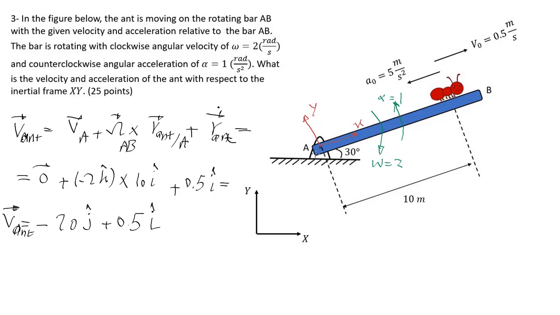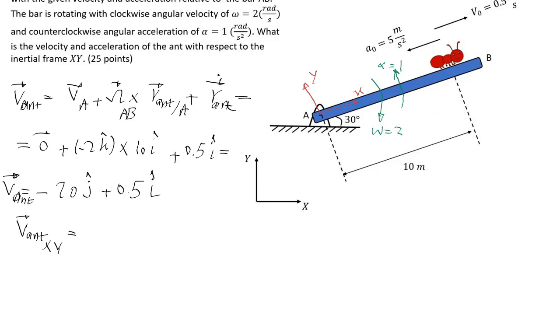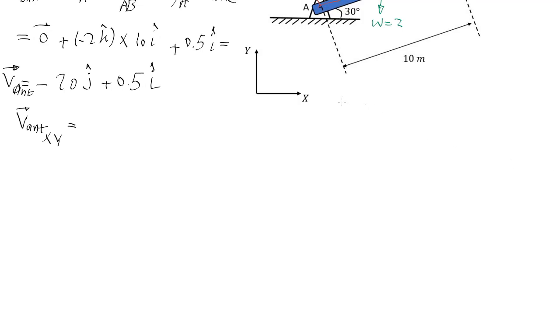So we can say that the velocity in the inertial x direction is going to be the I component times cosine 30 in the I direction. Let's write it down. So V ant in the xy direction, the inertial frame. We can use a matrix notation to do the rotation of the frame.